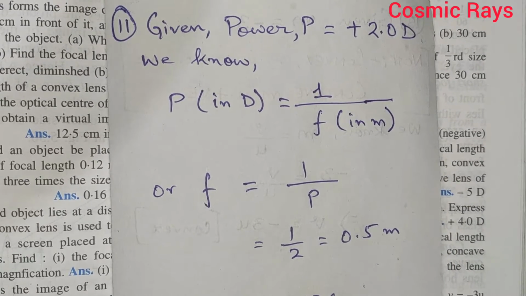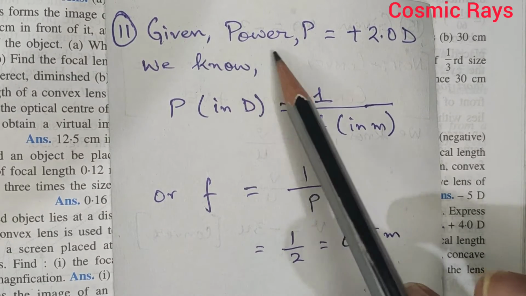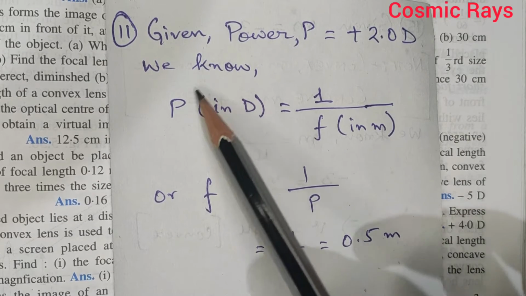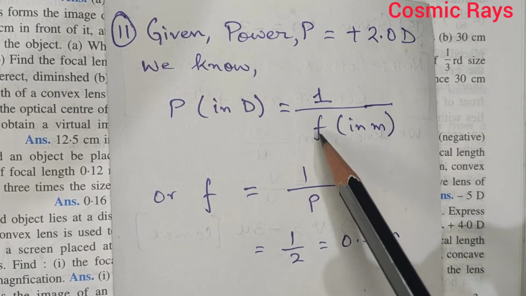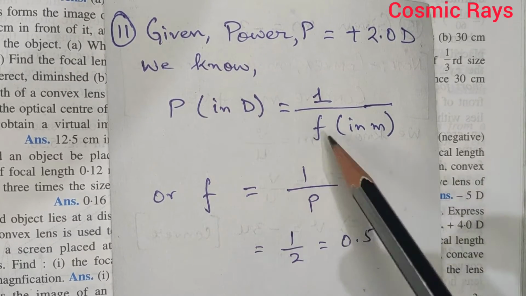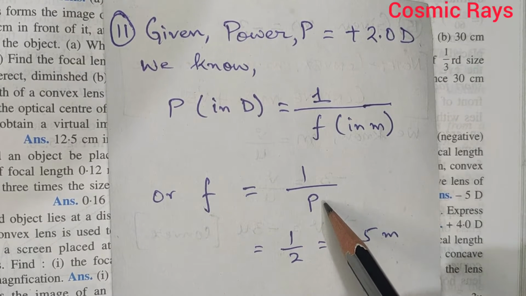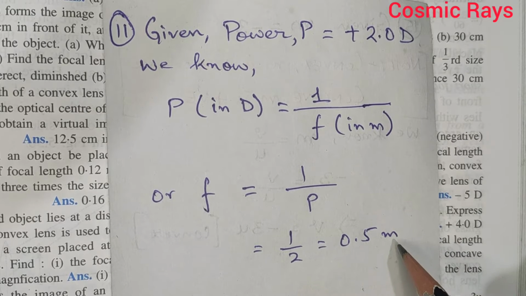So we have written the things that are given to us, that is power is equal to plus 2 diopter. We know the formula, power in diopter is equal to 1 by focal length, which is taken in meters. So if we interchange, focal length will be 1 upon power, so that is 1/2. If you divide, you get 0.5 meter.